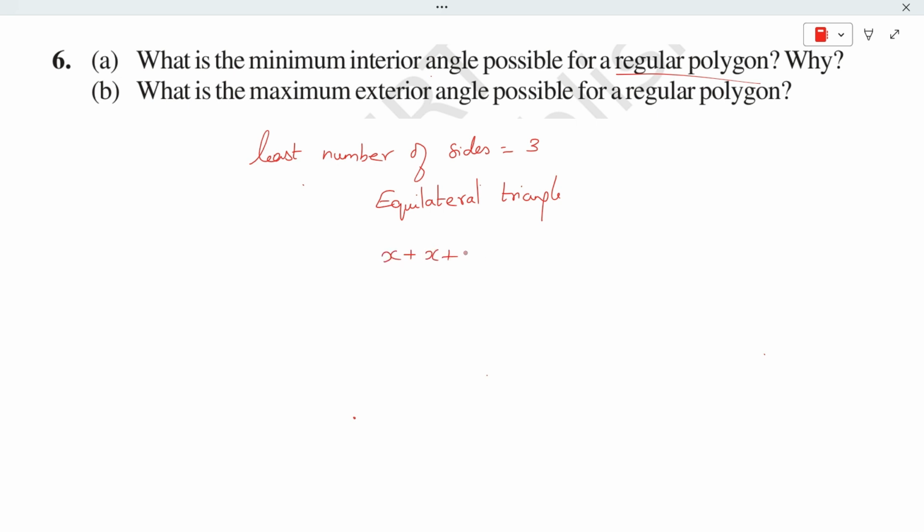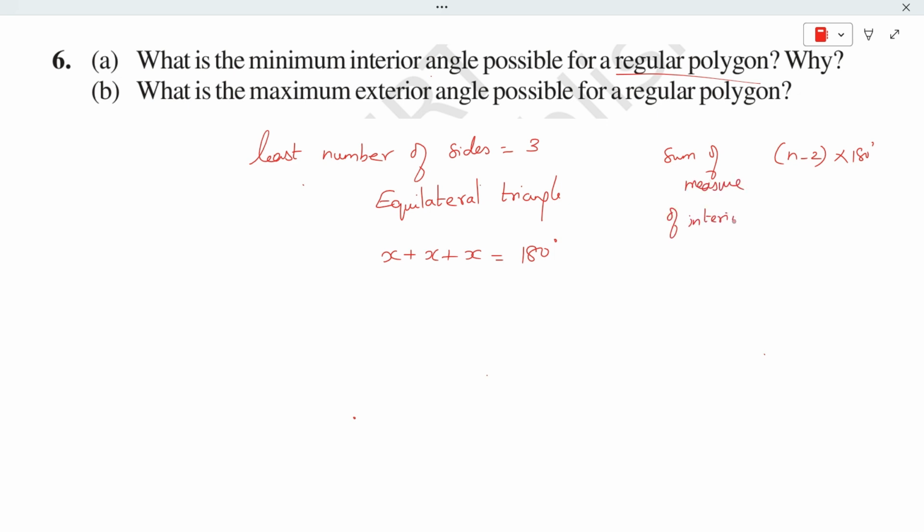Let me consider x. The sum of the interior angles of a triangle is equal to 180 degrees. This is called the angle sum property of a triangle. Or using the formula, the sum of the measures of interior angles is equal to (n minus 2) into 180 degrees, right?